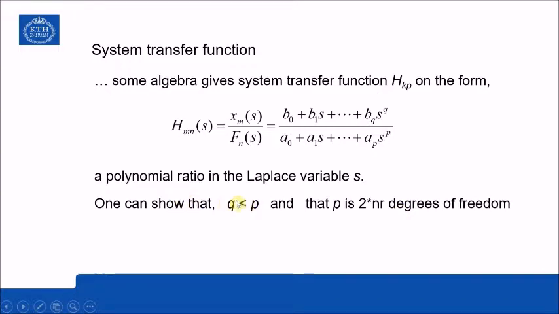And one can show that in all cases here, the numerator polynomial is of lower order than the denominator polynomial. And one can also show that p here, the order of the denominator polynomial, must be 2 times the degrees of freedom of the system. And those are two valuable properties that we can make use of later on.